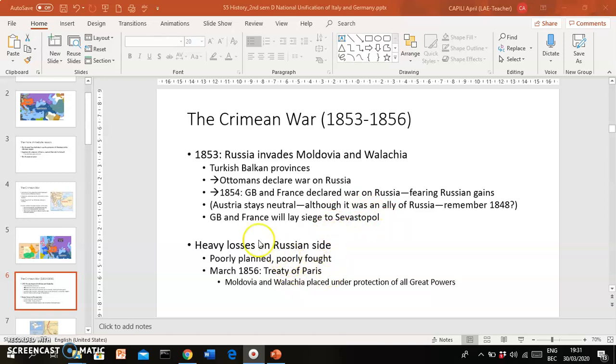In the end, the Russians during the Crimean War in general was poorly planned and poorly fought. At the same time, the Russian side suffered many losses. Eventually, the Russians would be defeated.